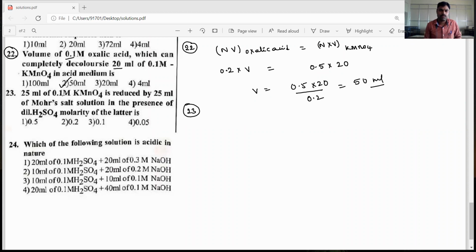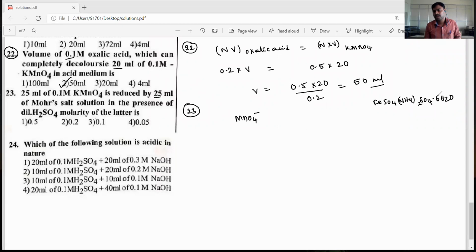Let's see, dear students, the 23rd question is also in the same model. 25 ml of 0.1 molar KMnO4 is reduced by 25 ml of Mohr's salt, and we have to find out the molarity of Mohr's salt. In KMnO4, MnO4 minus, and Mohr's salt formula is FeSO4 (NH4)2 SO4 6H2O.